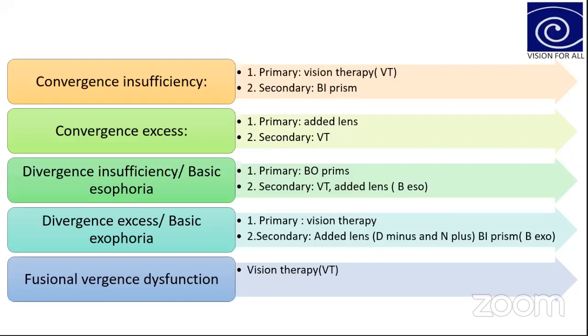Or you can give added plus lenses in the form of a bifocal, where it is minus lens for the distance and plus lens for the near. Or another option for basic exophoria is relieving prism, that is base-in prism, that you can prescribe.